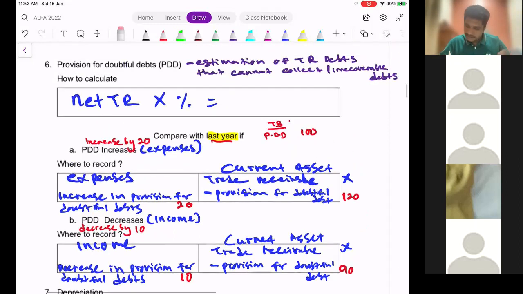Okay, I give you another 1 minute. Try to digest this provision for doubtful debt before we move on to the depreciation. You just read and try to understand. Any problem, anything that you don't understand, please ask me.